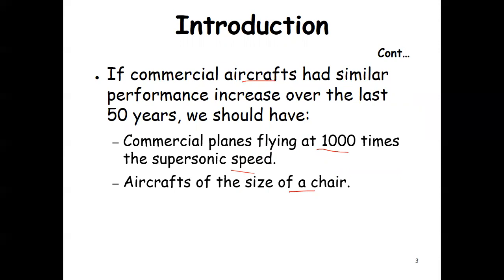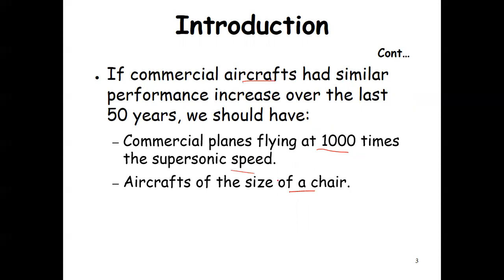The number of transistors we use in a chip doubles every 18 months. For example, if commercial aircraft improved at that rate, we would have flights flying 1,000 times faster than the original flights designed 50 years back.